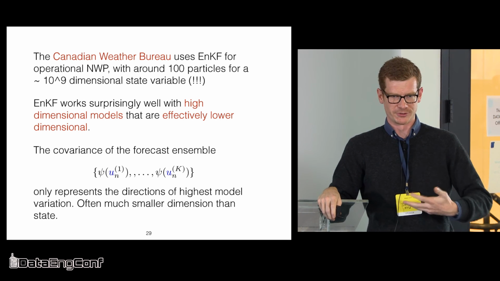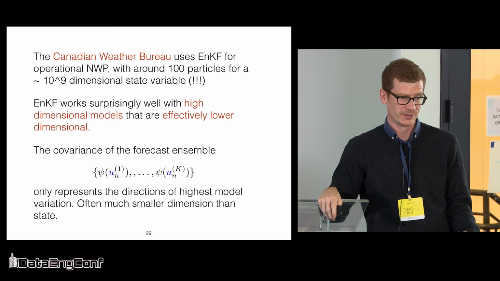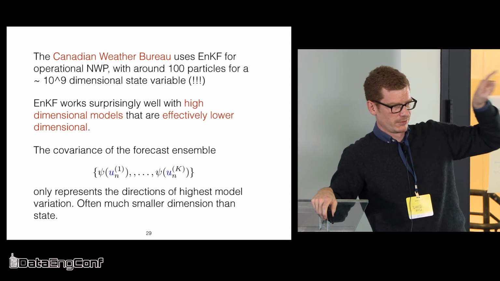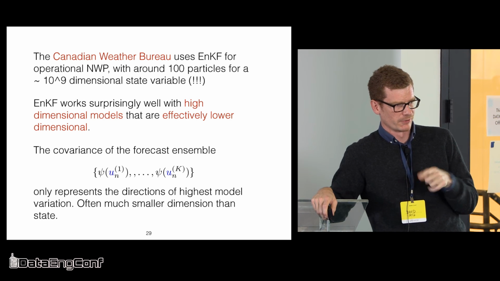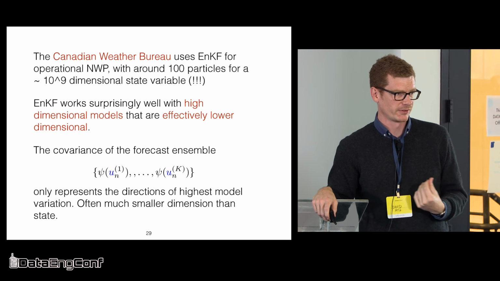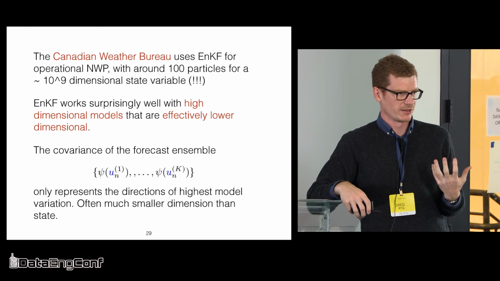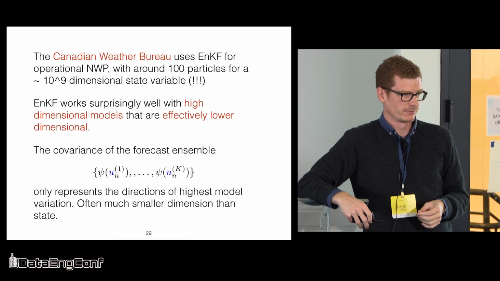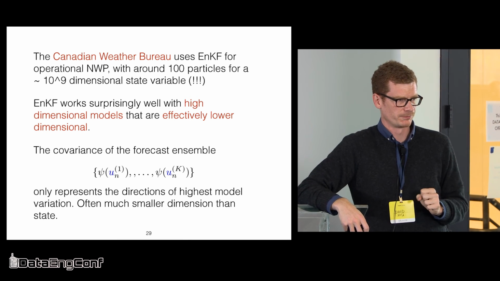It only explores the directions where your model varies the most, because that's what covariance does. Just like in that picture where we had the blue ellipse, the covariance stretched out in the directions where you had the most forecast variance. In an extremely high dimensional state, you might only have forecast variance in some of the variables, in a much lower dimensional set of variables.